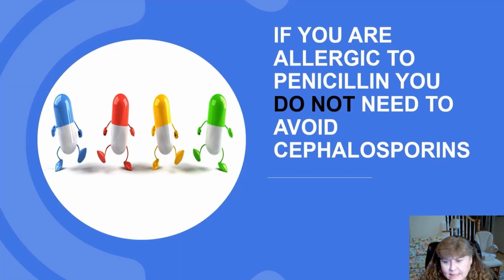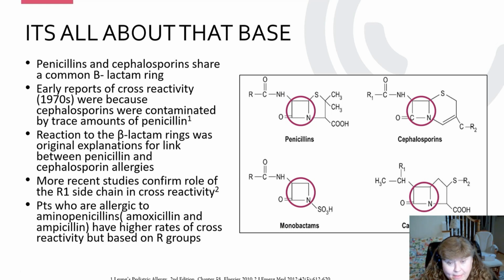So if you're allergic to penicillin, you do not need to avoid cephalosporins. It's all about the base. What we know is that penicillins and cephalosporins share a common beta-lactam ring, and early reports in the 1970s said that there was some cross-reactivity between these two, but it was really because we think that in the production process, the cephalosporins were actually contaminated with trace amounts of the penicillins.